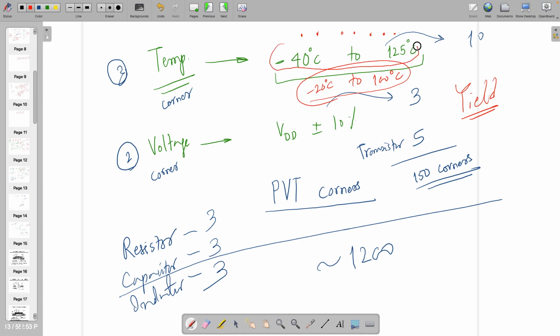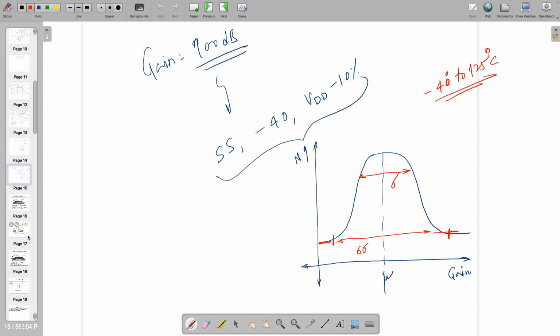If you are following this, it looks like you are following what is agreed by all consumer electronics people. The good companies, like TI, are all following this, and they are also saying that our product is Six Sigma. You have heard about it. From minus 40 to 125, at worst case they are checking it and then giving this product.